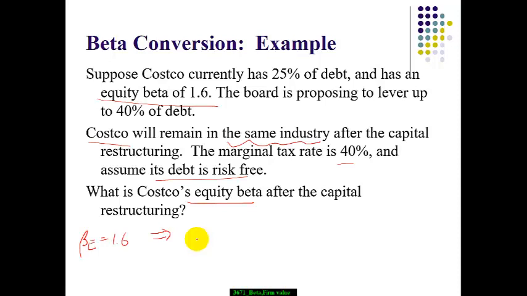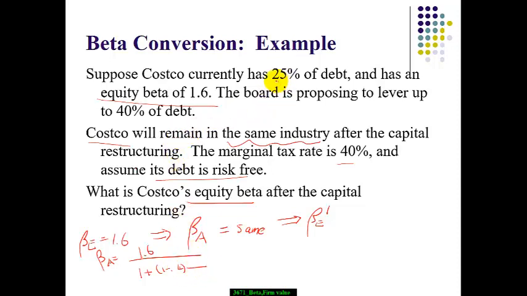The only thing changed is financial leverage. So we know equity beta may change, but the asset beta is the same. Our strategy is to first find the asset beta. Then from the asset beta, we find the new equity beta. So for asset beta, from equity beta, we divide by 1 plus (1 minus 40%) times the debt-equity ratio.